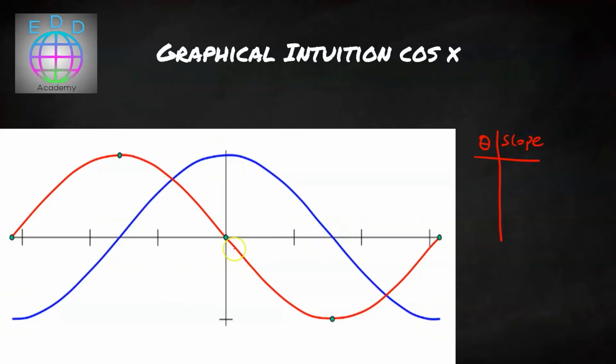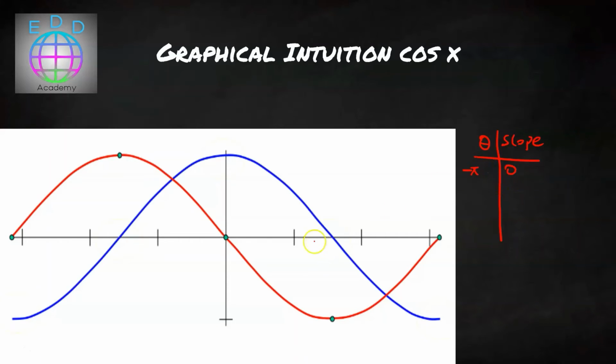So we will start with the value of negative pi once again, and you can see here that the tangent line is a horizontal tangent line, meaning it has slope 0. So at theta equals negative pi, the slope is 0.